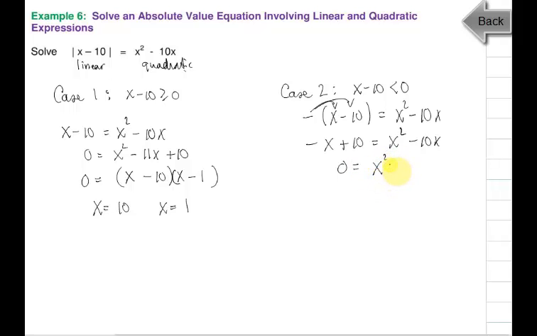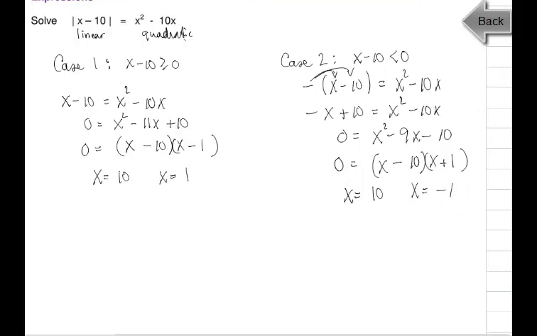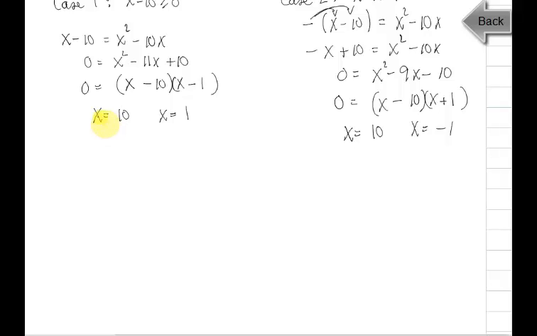That will give us x squared minus 9x minus 10, which we can once again factor. We want to make the 10 negative, the 1 positive, so we get that x equals 10 and x equals negative 1. Okay, so we want to verify. We have x equals 10, which is repeated over here, so we just have to verify once for that, then we verify for x equals 1 and x equals negative 1.